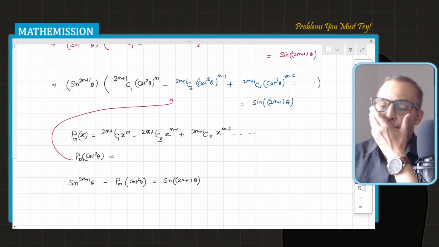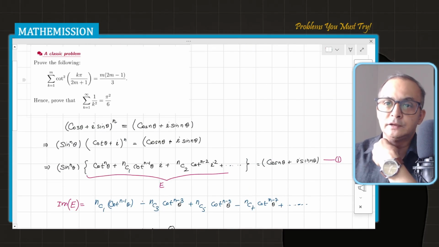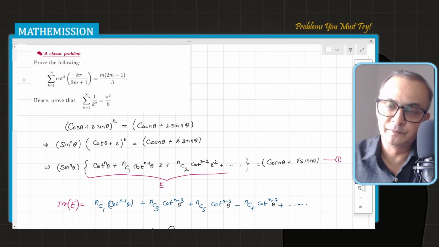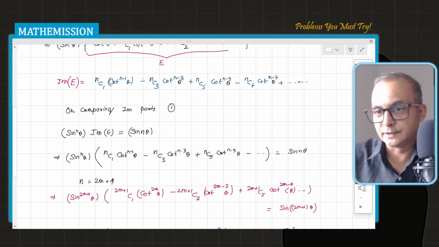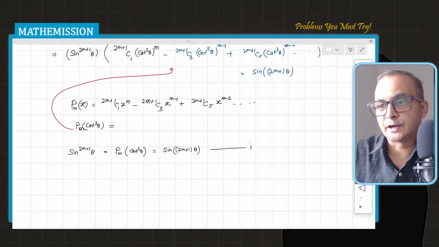Now we have almost got this cot square theta with what we need here. But how do we find the sum, and what is the meaning of this sum on the left hand side, where k goes from 1 to m? We will reveal it. This is the equation we have, and let's try to understand.